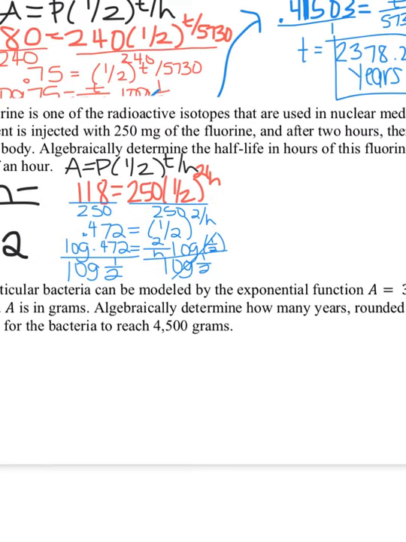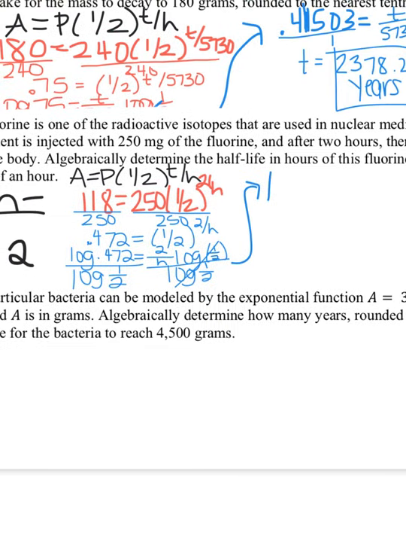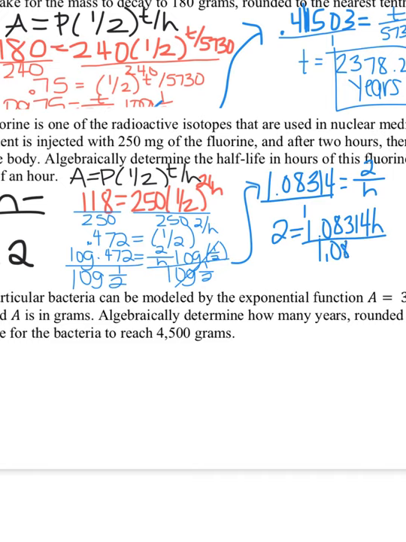On the left side, when you actually do that division, you get 1.08314, again 5 decimals, but you keep the whole number in your calculator, equals 2 divided by h. Once you get to this step, you're going to cross multiply. 1 times 2 is just 2, equals 1.08314 H, and then you divide by that whole decimal to get H by itself.